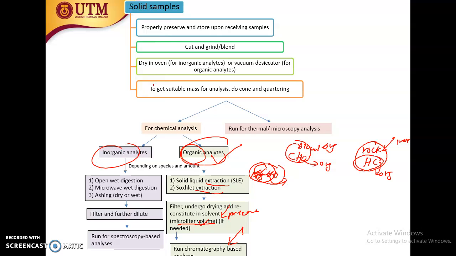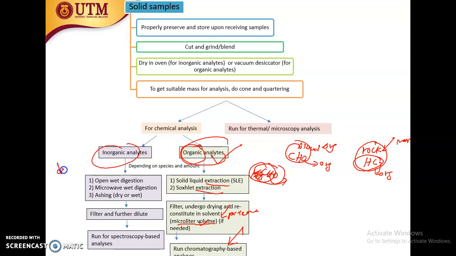Then what if you have inorganic analytes? Because inorganic analytes can withstand high temperature, harsh conditions and high pressure, you have to use very high temperature or very high pressurized conditions to digest out.